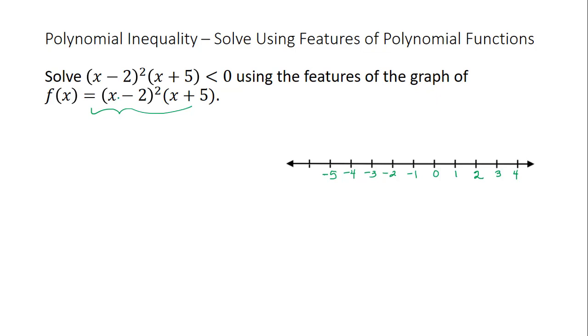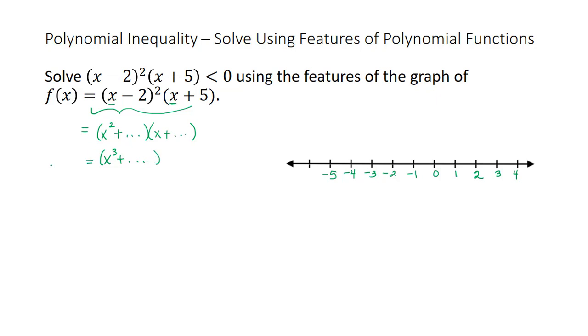Our first factor, (x - 2)², has a leading term of just x inside, so when we square that we would get x² and something else which we don't care about right now. And the x + 5, its leading term is just x. So when we multiply that out we would get an x³ plus some other terms.